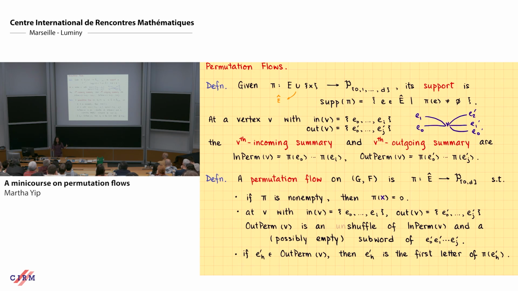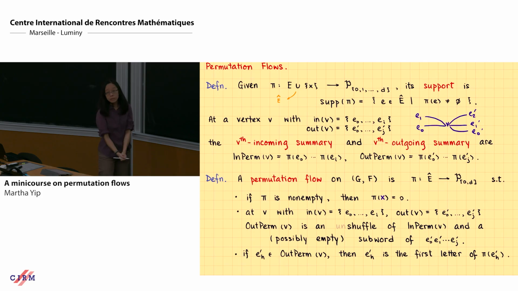That initiates the flow. And then at some V, with incoming edge set and outgoing edge set like that, the outgoing summary is an unshuffle of the incoming summary together with a possibly empty subword of E0 prime, E1 prime up to EJ prime.